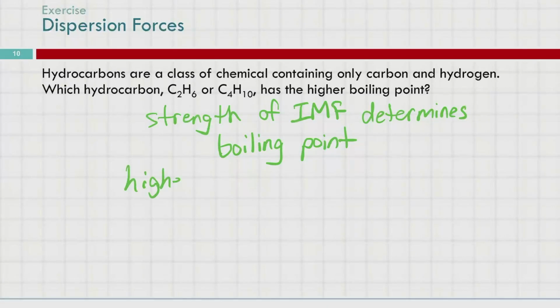So higher boiling point, what we're looking for, comes from stronger intermolecular forces. Since we're looking for the higher boiling point, we're looking for the one that has the stronger intermolecular forces.